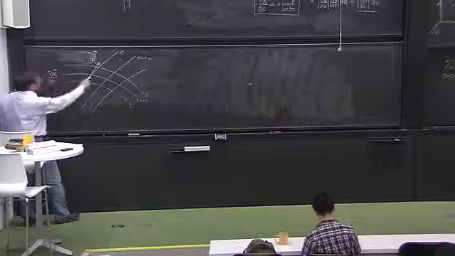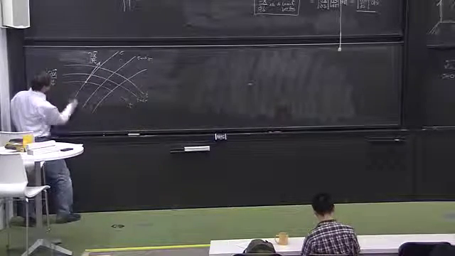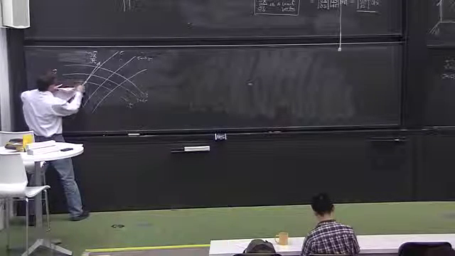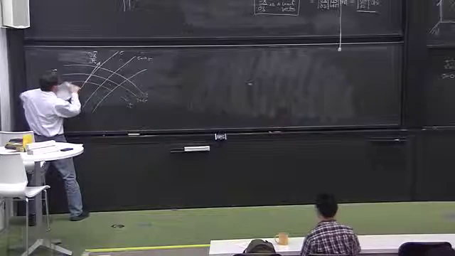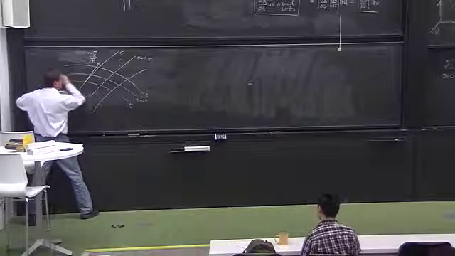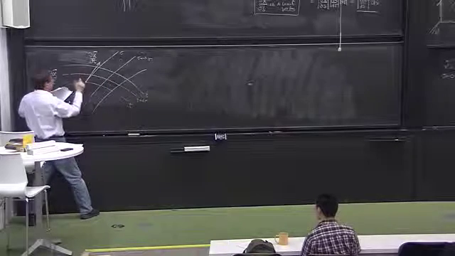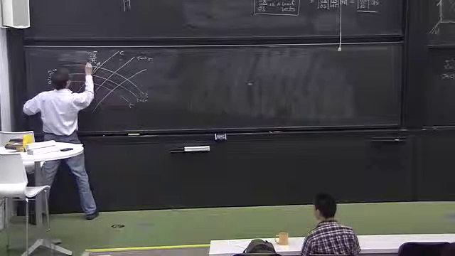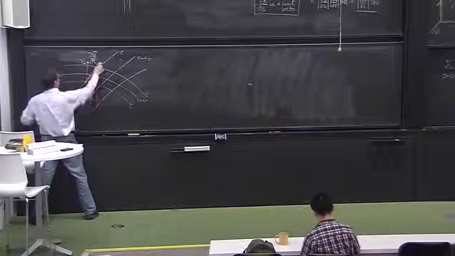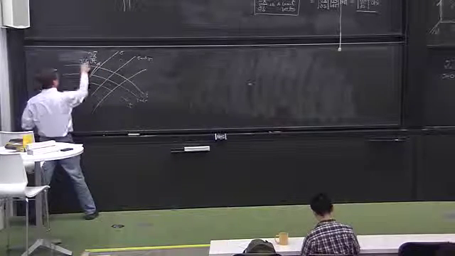But the perpendicular velocity is the velocity assuming that this point P moves perpendicular to the string at this time. This is the string at this time, the string at a later time. So the perpendicular velocity is this one, v perp, the component of this perpendicular to the string.